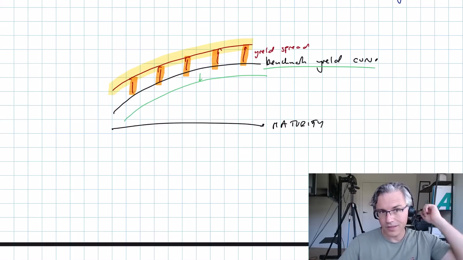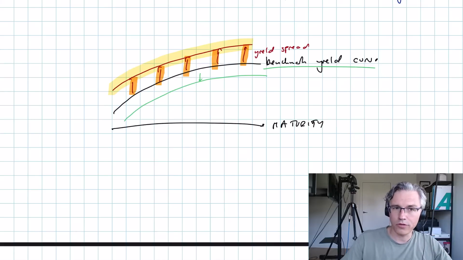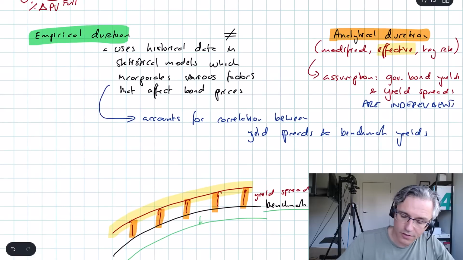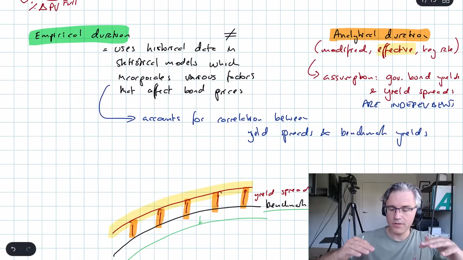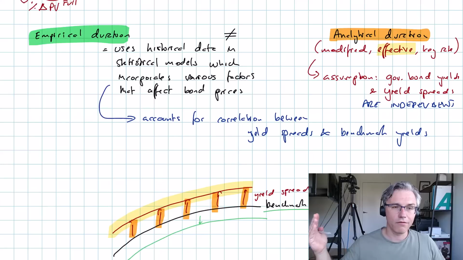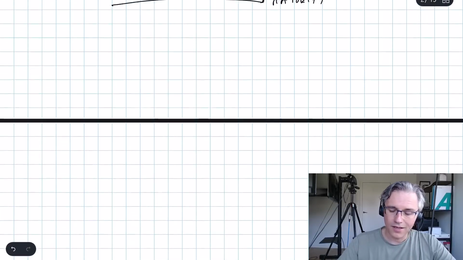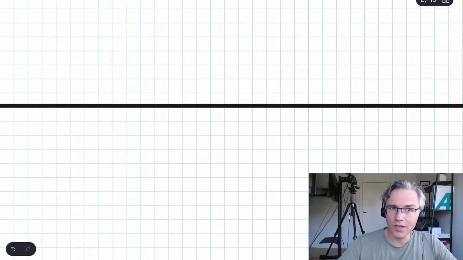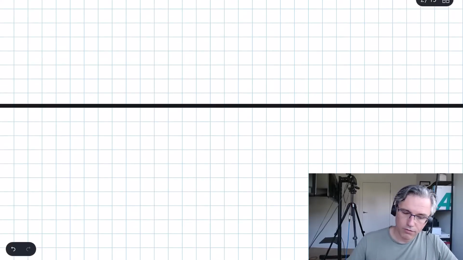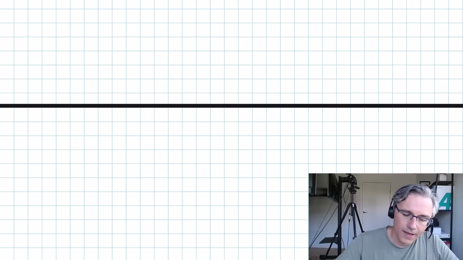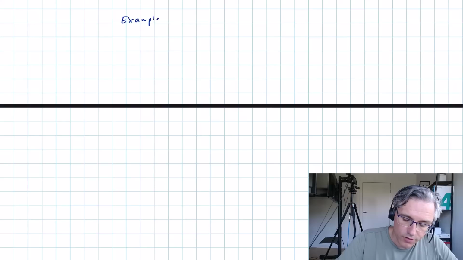This is what empirical duration allows us to capture, because with effective duration, you're just focusing on what happens to the benchmark yield curve and assuming everything else stays constant, especially the yield spread, which is not necessarily true. And an example which your curriculum gives, and which I saw also appear in questions, is what happens during a financial crisis.